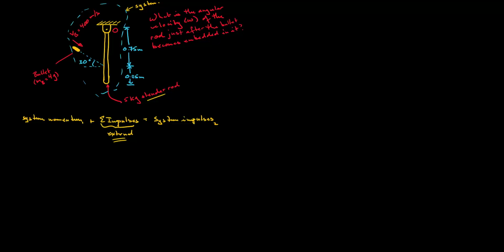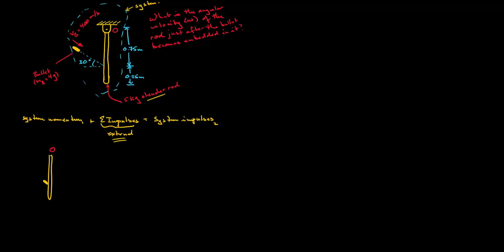Okay, so we can show this graphically. Initially, we have our slender rod O, and let's draw the bullet here just before it comes into contact.